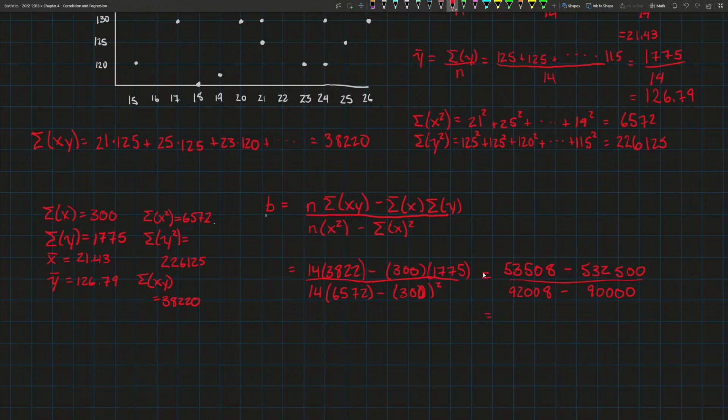Then 53,508 minus 532,500. It's negative 478,992, all divided by 9208 minus 90,000, which is 2008. So I think I did something a little bit wrong here. Hold on a second.